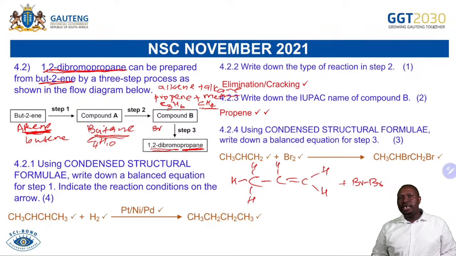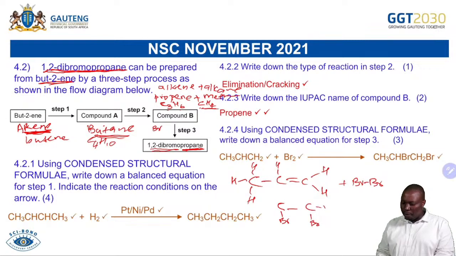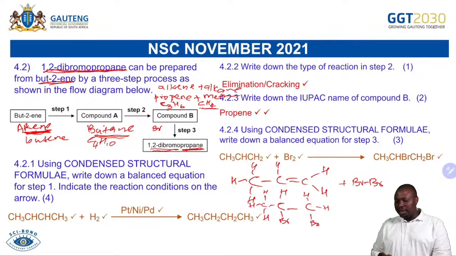Remember, when you are adding, we add on the double bond, which means on carbon number 1 we'll have a bromo, and carbon number 2 will have a bromo. So this will form 1,2-dibromopropane. So that is how we went about forming that structure.